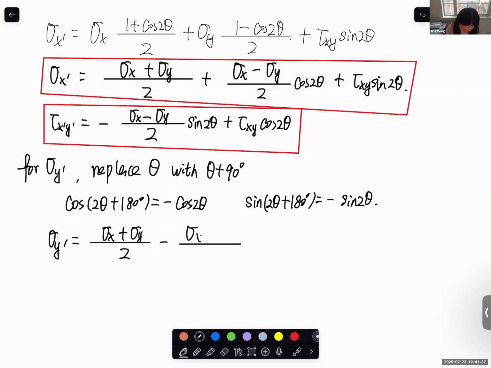So we have sigma x minus sigma y over 2 times cosine 2 theta. And for the last term, you replace theta with theta plus 90, so it becomes sine of 2 theta plus 180, which is equal to negative sine 2 theta. So again, change the sign. Negative tau xy sine 2 theta.